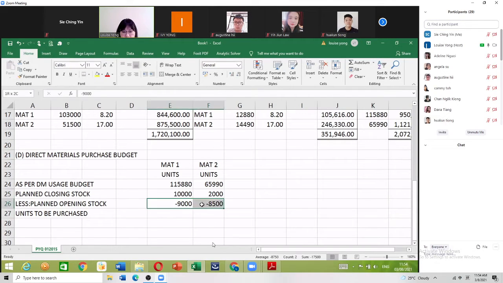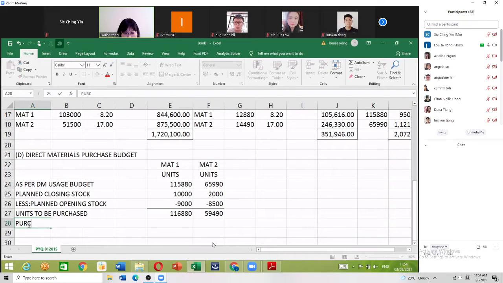So what will be your units to be purchased? You add them up, so 116880, and this one is 59490.